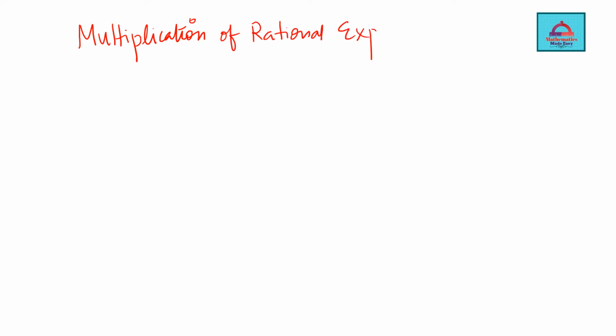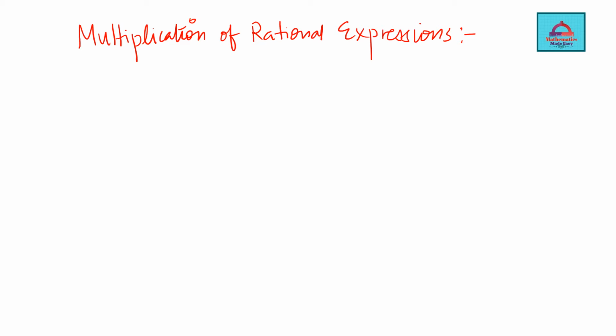Okay, so now that you've understood about simplifying a rational expression from the last video, let's move forward and understand multiplication of two rational functions. So when I'm doing multiplication of rational expressions, let's see through an example what are the steps involved.